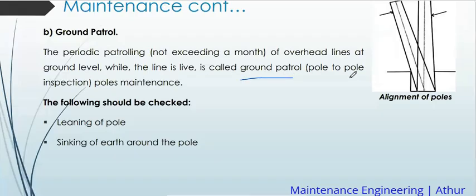Pole to pole inspection, poles maintenance. That is, the line is live. The following should be checked: leaning poles, I talked about the leaning poles, and sinking of the earth around the pole.